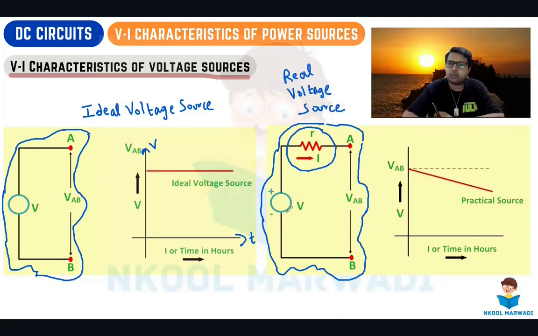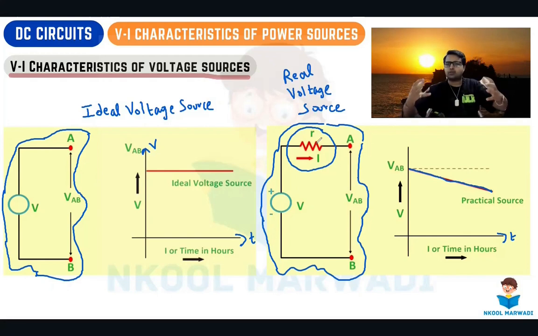Along with the voltage source, we have a resistance in series, because of which, with time, the voltage supplied, or the potential difference, will not be constant but will keep on decreasing. After some time, it will become zero. That is the time when either we have to change the battery or charge it, because this resistance is basically dissipating the energy.